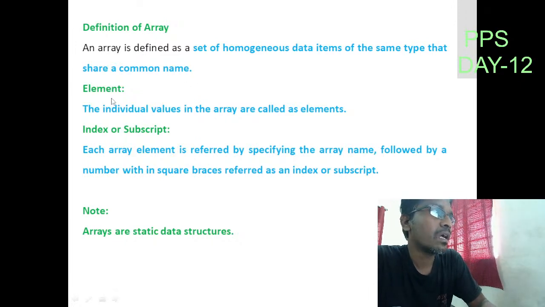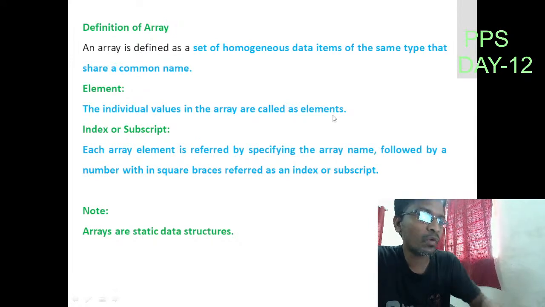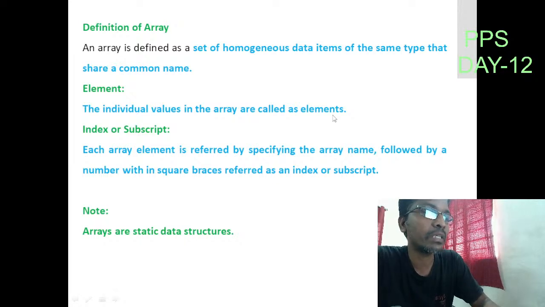Next, what is an element? The individual values in an array are called elements. For example, 1, 2, 3, 4, 5, and so on. Here 1 can be called an element.